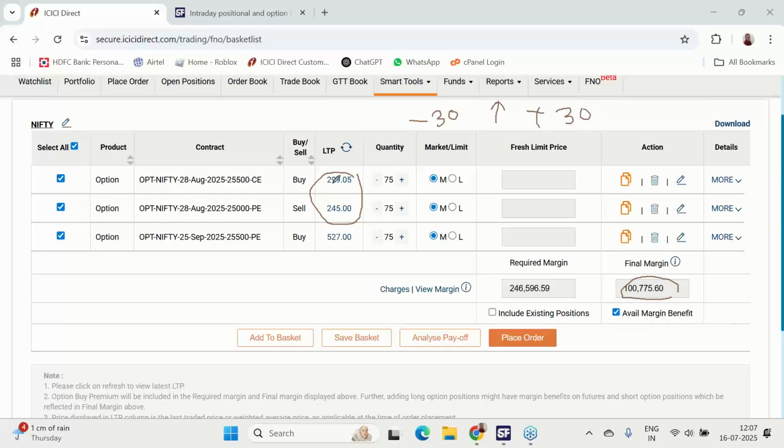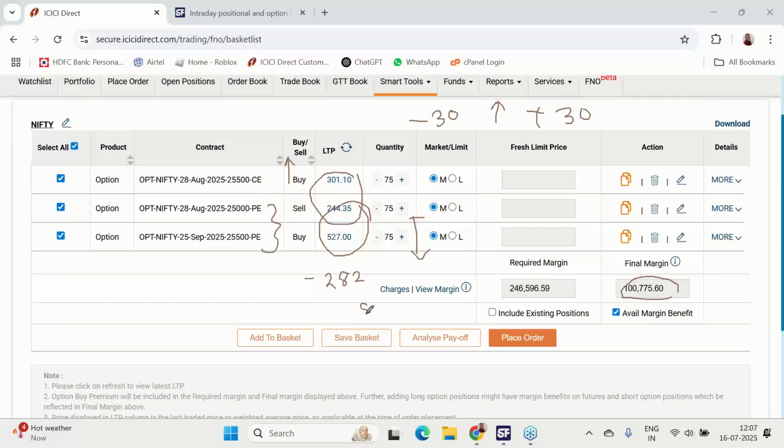It is an open-ended strategy for the uptrend, and a close-ended strategy towards the downtrend. Close-ended means profits are restricted. If you compare the put option sale and purchase here, a debit of 280 rupees happens by this put spread.